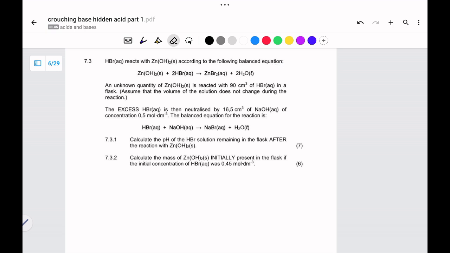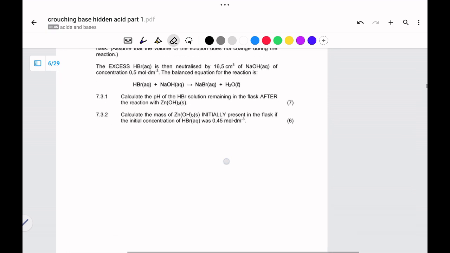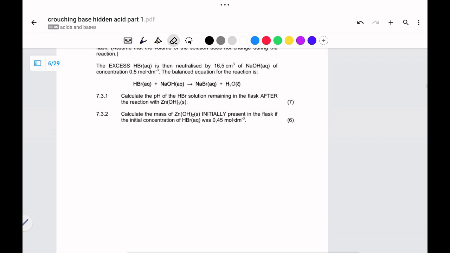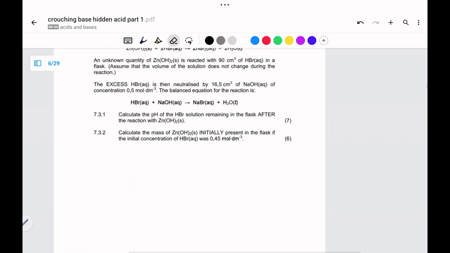Right, so first off, calculate the pH of the HBr solution remaining in the flask after the reaction with zinc hydroxide. Right, so one thing to note, we're asked for a pH, and I did mention in the prequel that this depends on obviously which was in excess.